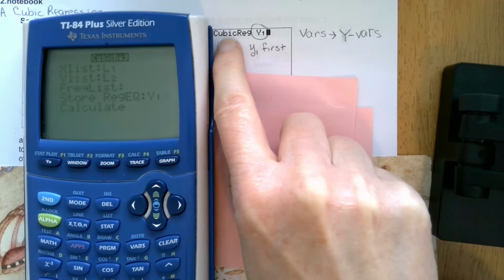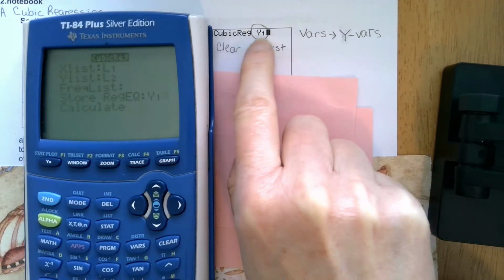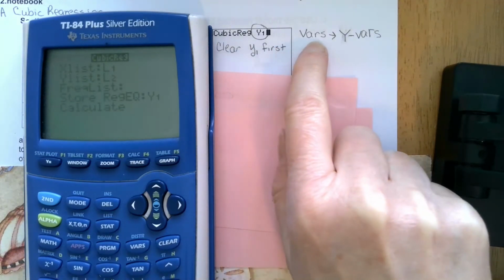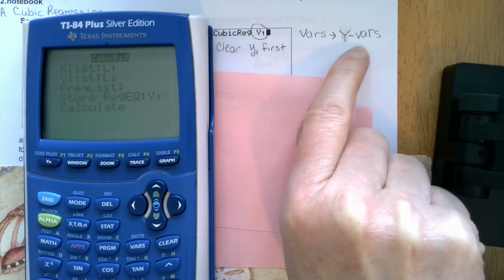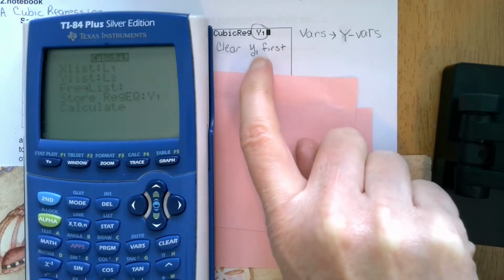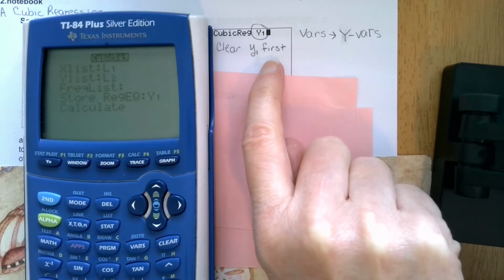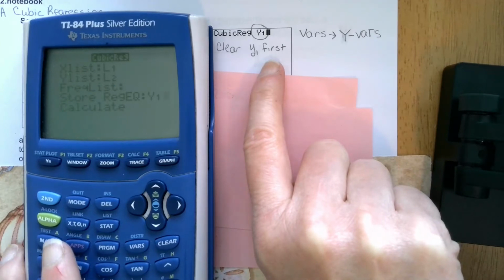If it just says cubic regression there before you press enter, call up y1 the same way I just did by pressing the vars button, arrowing over to y vars and function, and picking 1. Before you do either of these, be sure that you clear your y equals screen. Otherwise, it's just going to put that equation at the end of whatever you had in there.